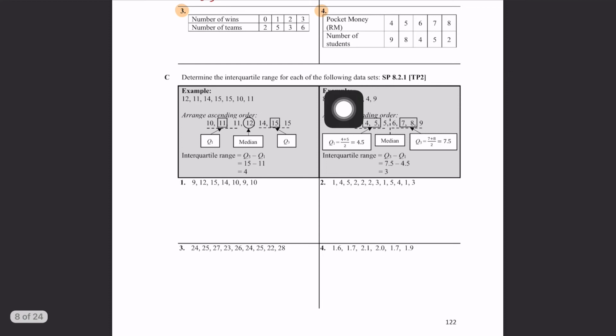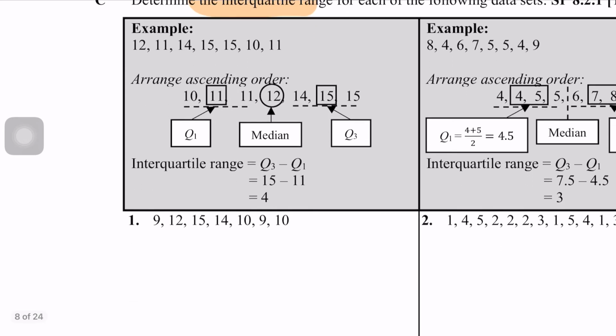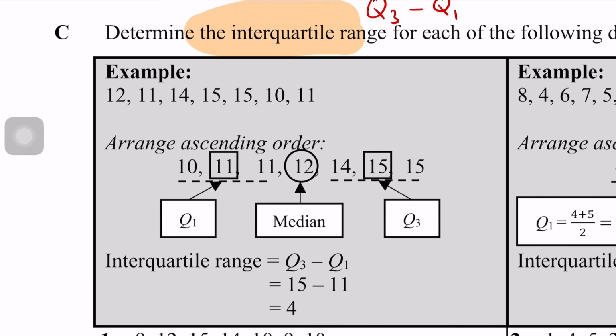C. Determine the interquartile range for each of the following data set. Okay, interquartile range tadi, rumus dia is Q3, third quartile minus first quartile. So let's have a look at the first example. So we have 12, 11, 14, 15, 15, 10, 11. So first kali apa kena buat?